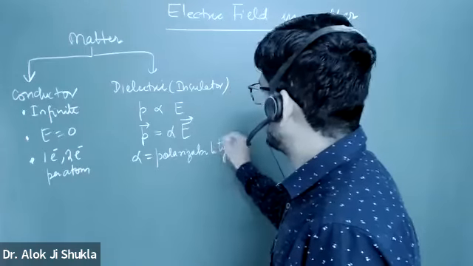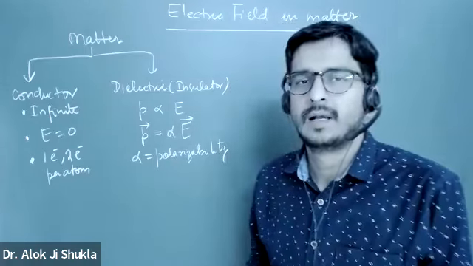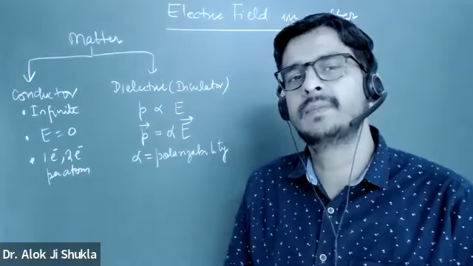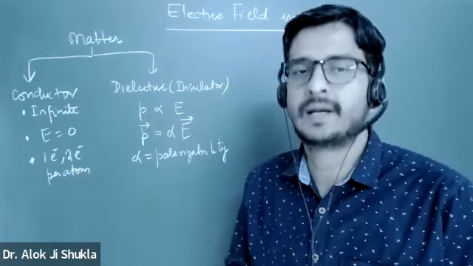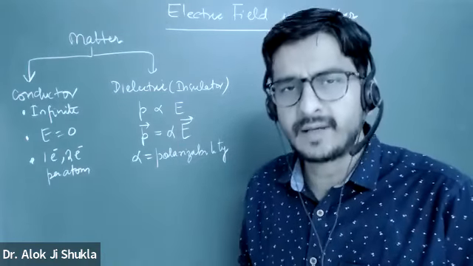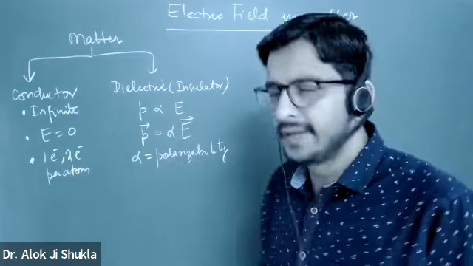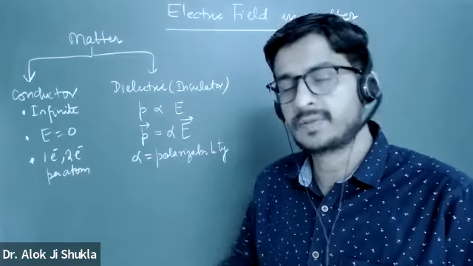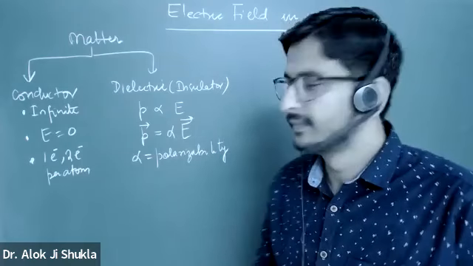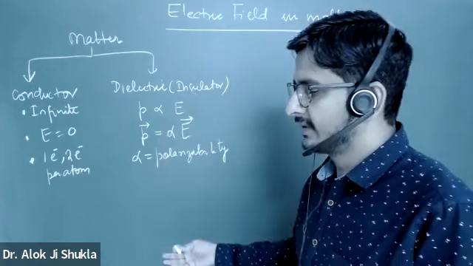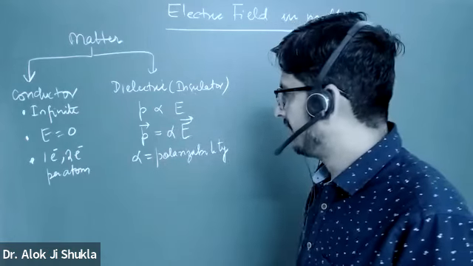So alpha will tell how much the medium is disrupted by electric field. If medium remains unaffected by electric field, then alpha will be very less. But if there is substantial disruption, substantial change in the medium, then the alpha will be more. So if you see different substances, you will see different kind of alpha.